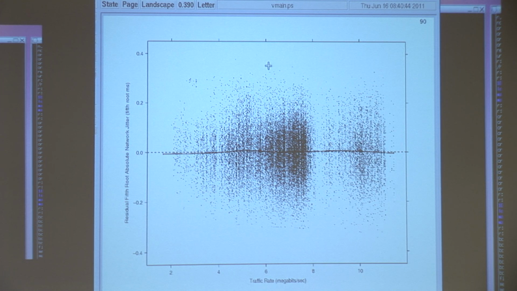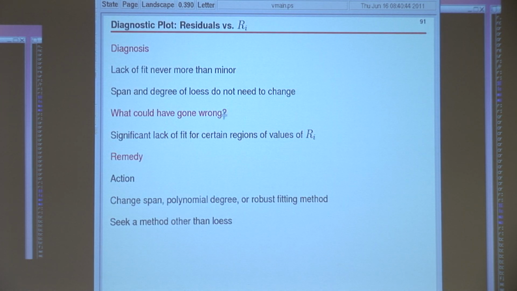And what you see is another lowest curve put on that display to see whether or not there's any lack of fit. But that thing has a smaller bandwidth than the one we used to fit it in the first place, to do better detection. And the fit seems to be just fine. And that was certainly generally the case. OK, what can go wrong? Lack of fit, never more than minor. That's the diagnosis. Never more than minor lack of fit, span and degree of lowest do not need to change.